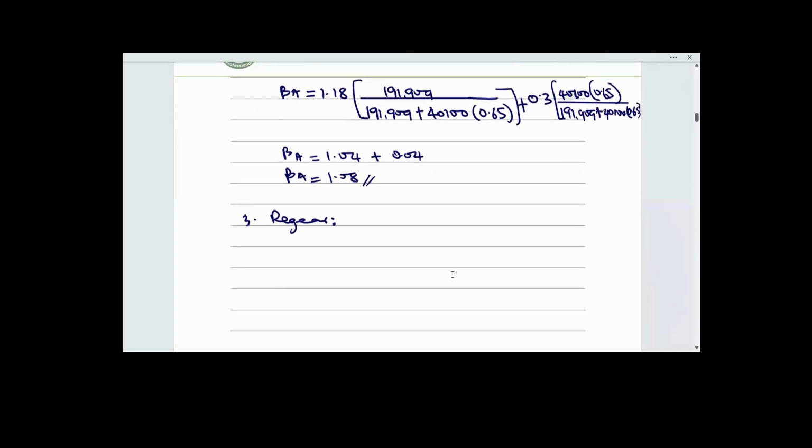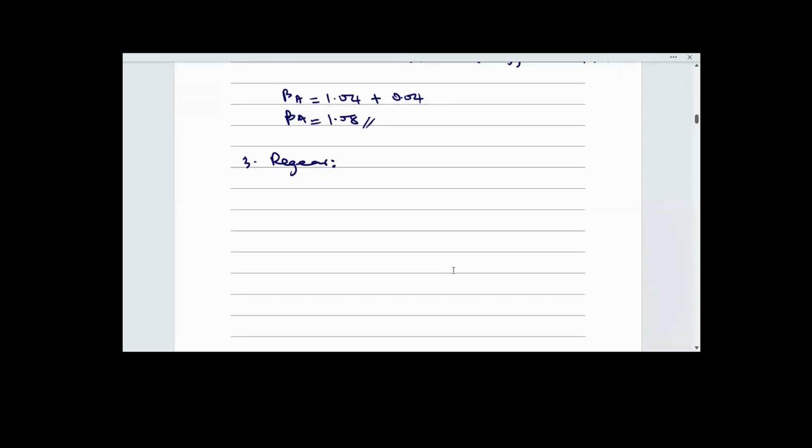Since debt beta is given, to regear, all I need to do is to repeat the formula in step 2.